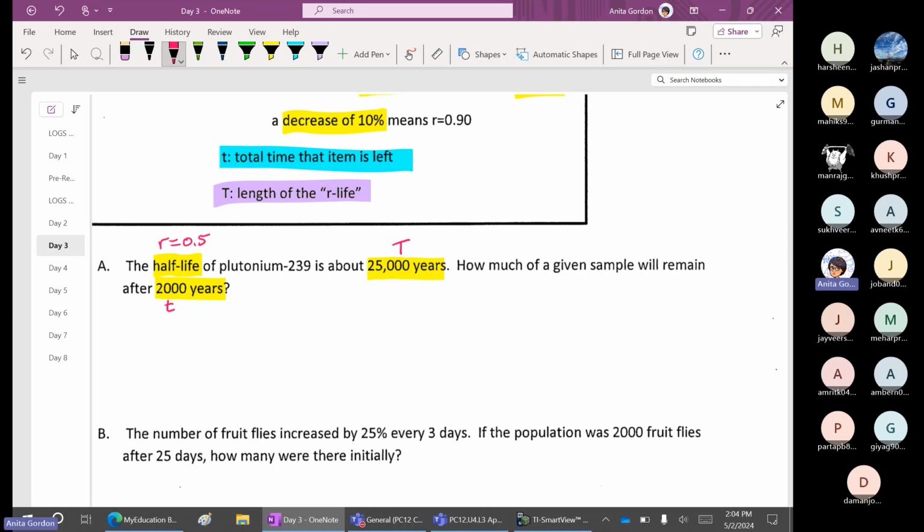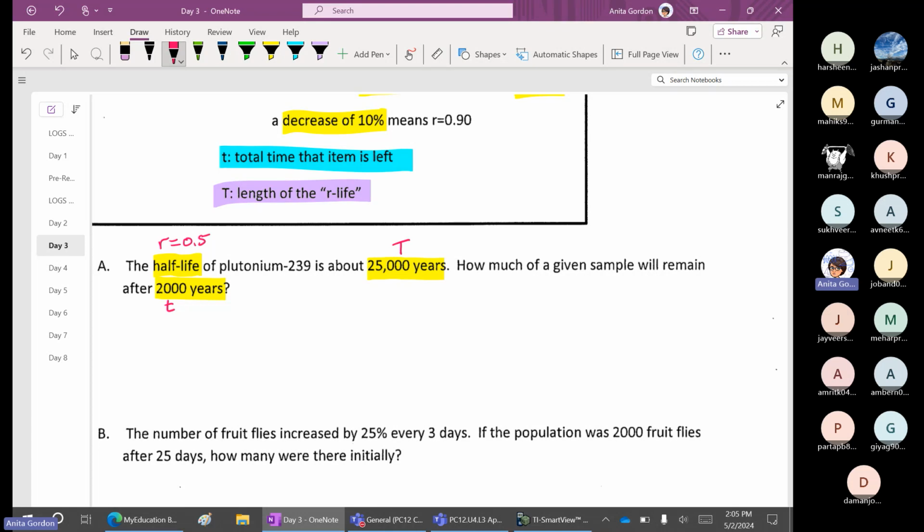It matters absolutely which one is small and which one is big. Because we are choosing to measure it after 2,000 years, we do not get to choose the 25,000 years. The 25,000 is a fact. The half-life is 25,000 years. We don't get to decide that. But we get to decide when we measure, so the 2000 is the small t, the variable, okay?